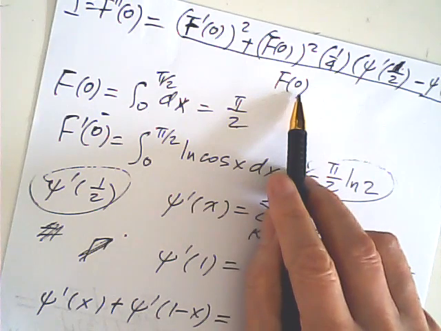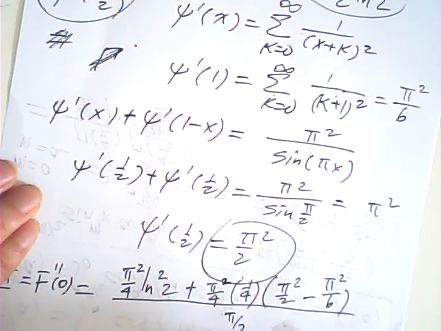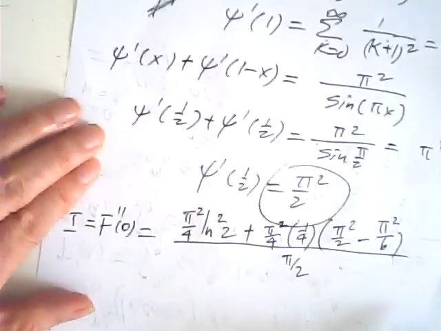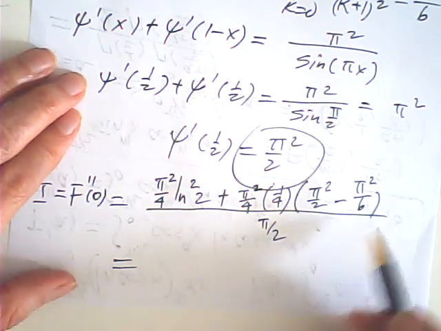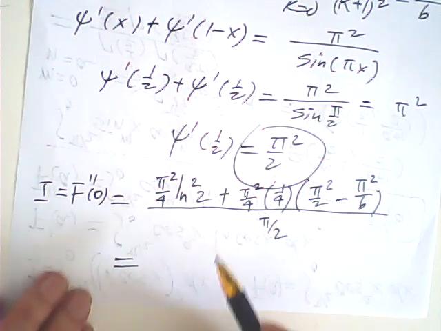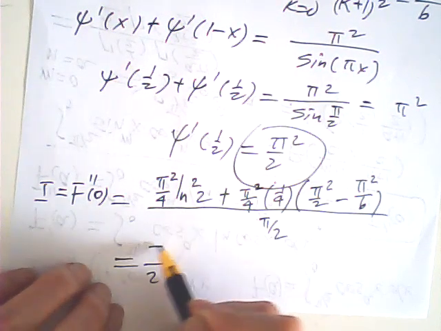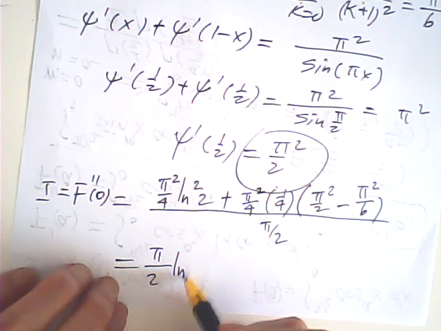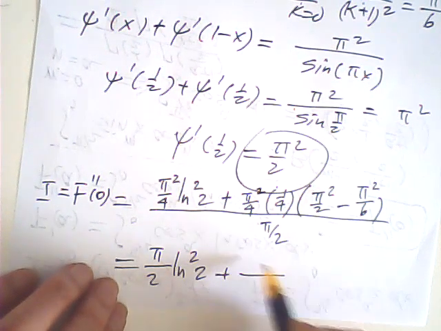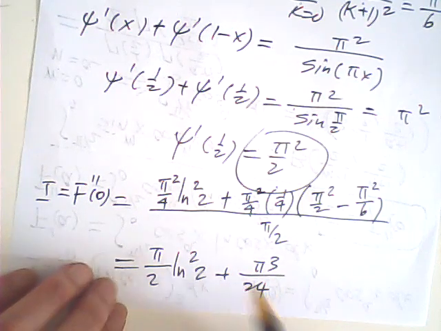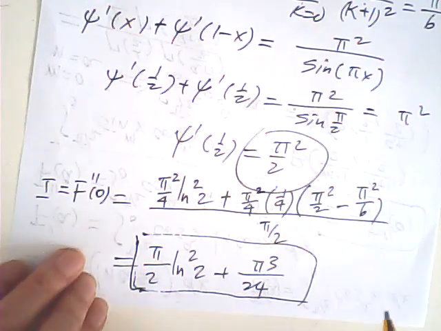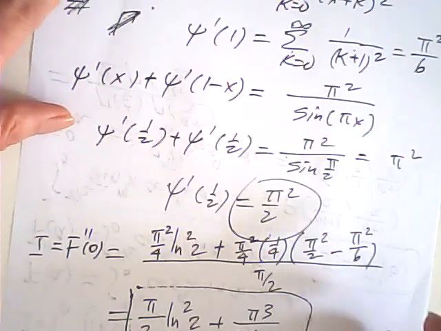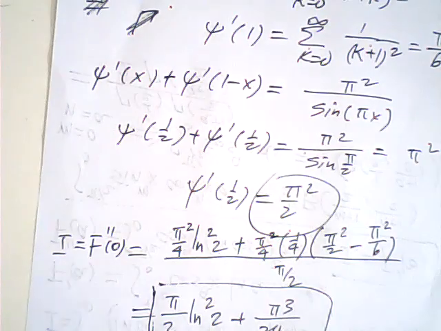And f of 0 is half pi. Yeah, f of 0 is half pi. Then, well, we simplify it and it becomes this: log squared 2 plus pi cubed over 24. See, this is my very answer to this integral.